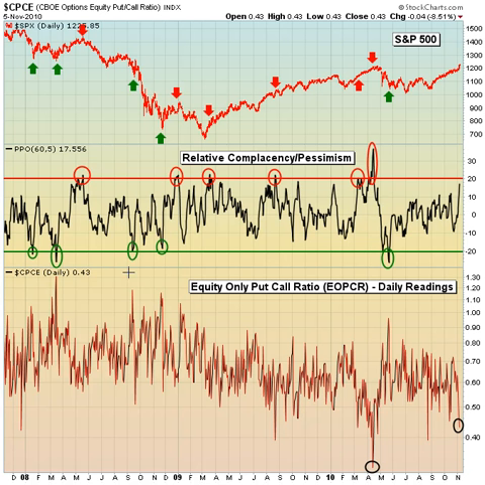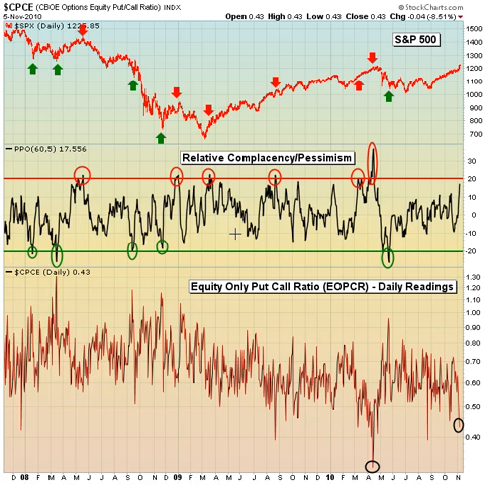Taking a look above the equity-only put-call ratio, this is our price oscillator, and essentially what we're looking at is when the relative pessimism or relative complacency reaches an extreme level.